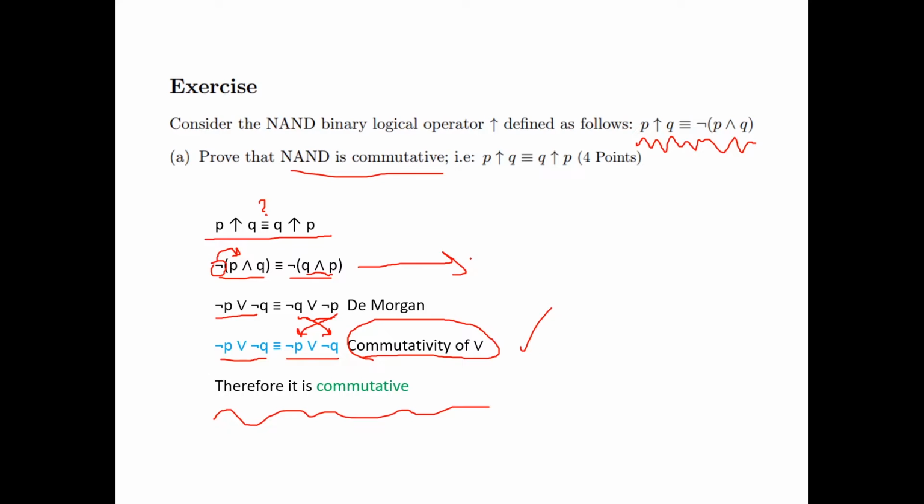So you could have simply said here not P and Q, and you would have been done without needing to use De Morgan. So there is no one unique solution when doing these types of proofs. Ideally, you'd like to go for the shorter solutions.